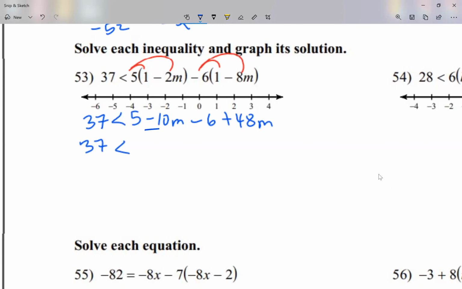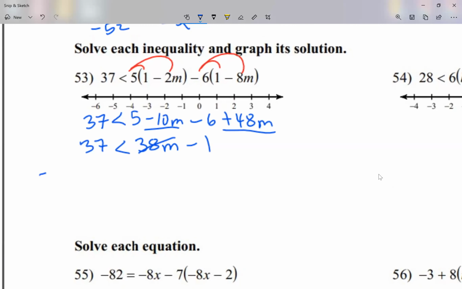On the right side, let me combine my like terms. -10, +48, signs are different, so let me subtract, keep the sign of the large one. So 38m. And then I see a 5 minus 6, that's going to give me a -1. The letters on the left side, right? For inequalities, the letter has to go to the left side.